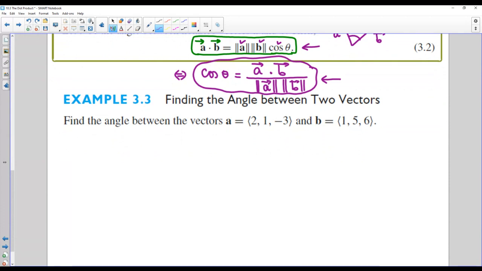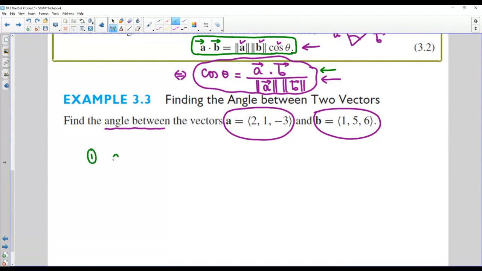So here are two vectors. Here is A, here is B. I want to find the angle between these two vectors. So you can see that from this rule, I need to find three things. First, I need the dot product. So here is how to find the angle.